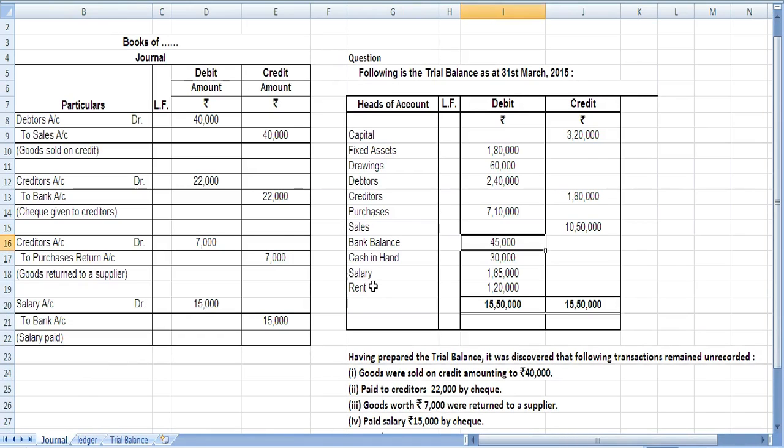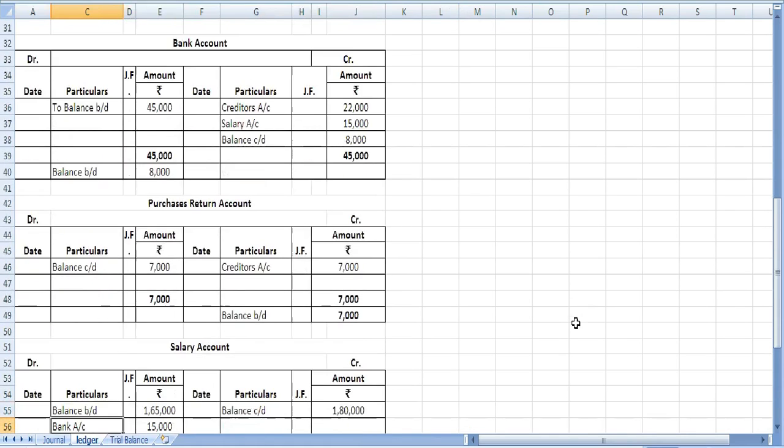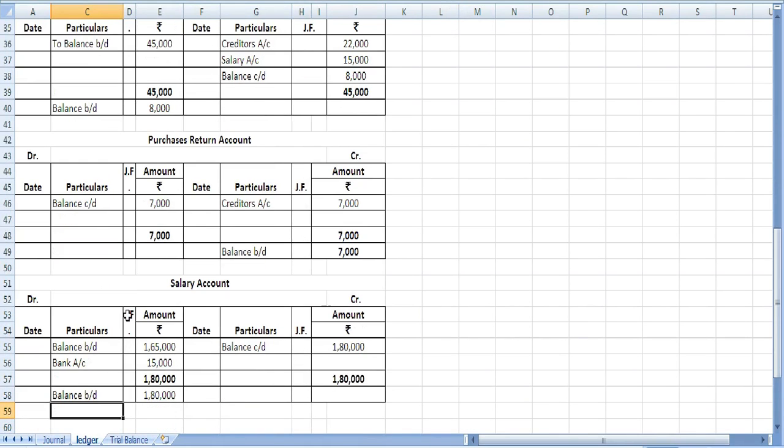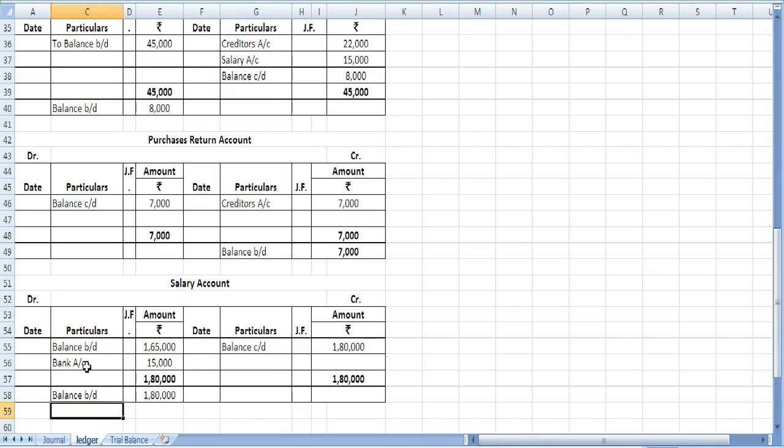Here we don't have any purchase return, so there will be no opening balance for the purchase return. Then we have salary. Salary here we have on the debit side 1,65,000, so to balance BD 1,65,000.